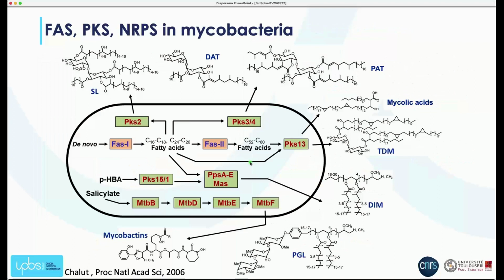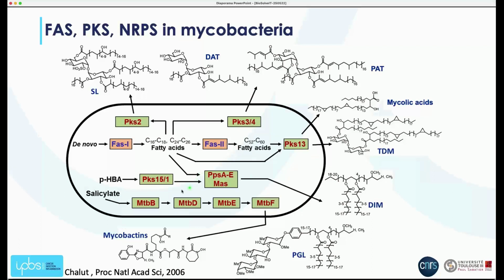If you look at the metabolic pathways responsible for the biosynthesis of these compounds, they involve many enzymes called megasynthases, such as fatty acid synthase, PKS for polyketide synthesis, or NRPS for non-ribosomal peptide synthesis.